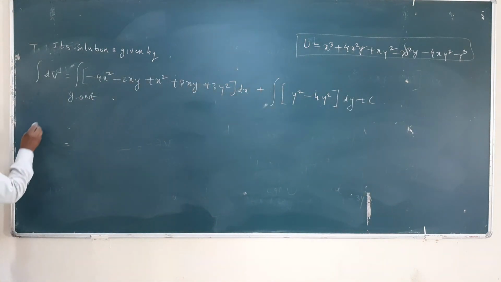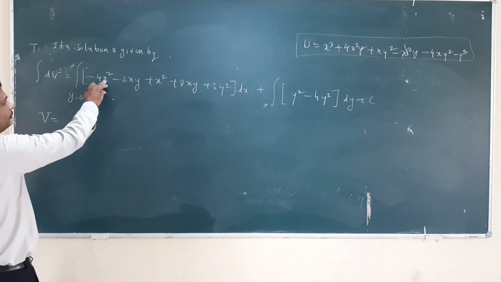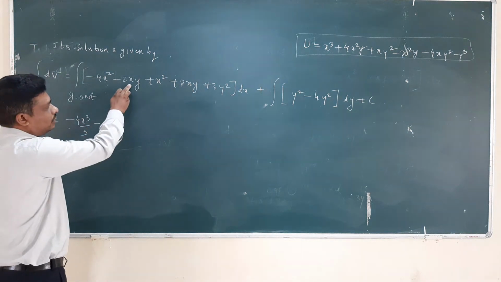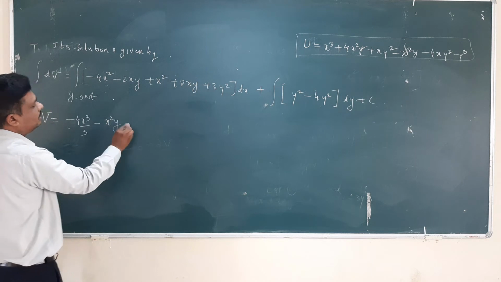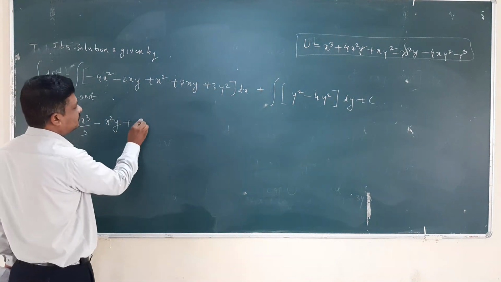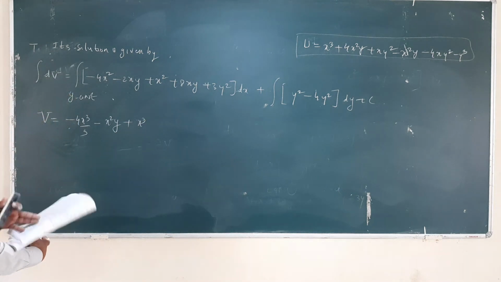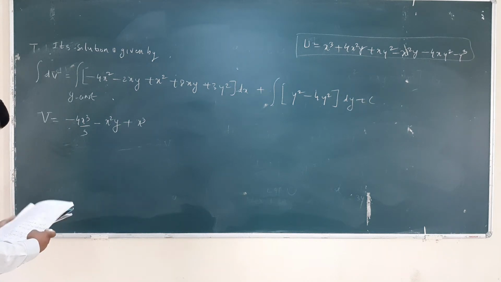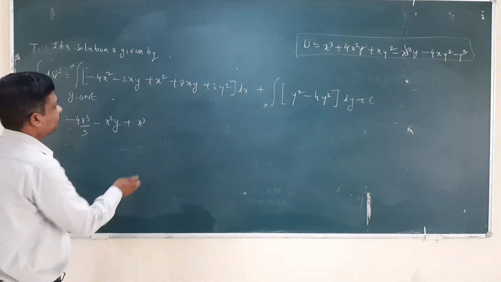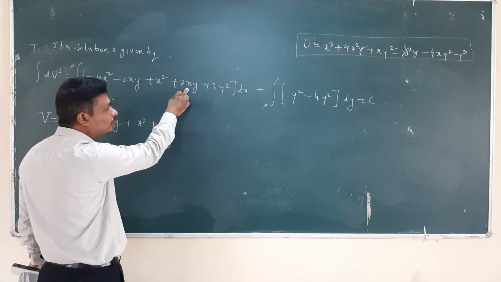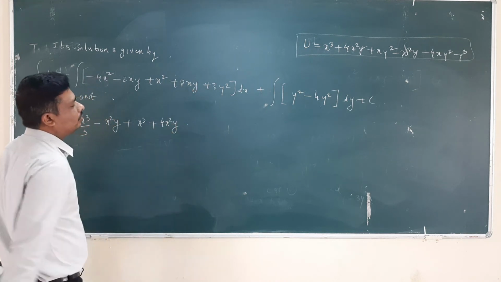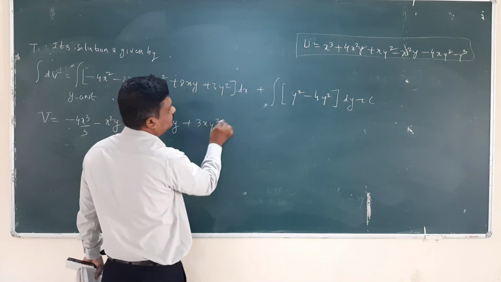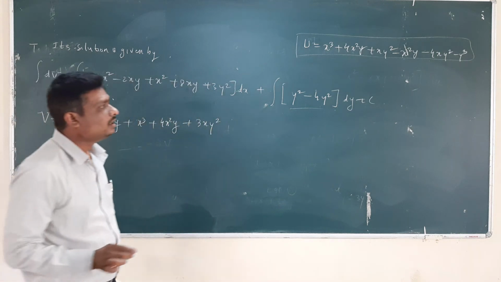So this implies integration of dv is v equal to integration of x², x³/3, minus integration of x, x²/2 gets cancelled, remaining is x²y, plus integration of x², x³, then integration of x is x²/2, so remaining is 4x²y plus integration of 3y² is 3xy². So y² minus 4y² is minus 3y².